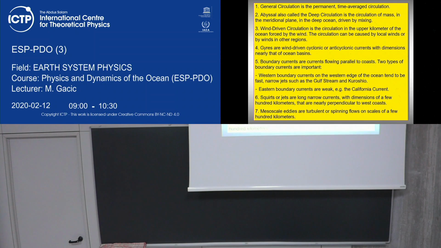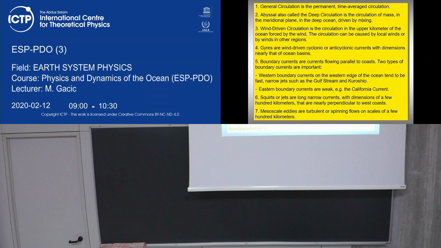We have a western boundary current in the Atlantic, a western boundary current in the Pacific. We have an eastern boundary current in the Atlantic or in the Pacific. And western boundary currents typically are very strong, and they are large, on the order of 100 kilometers or so.